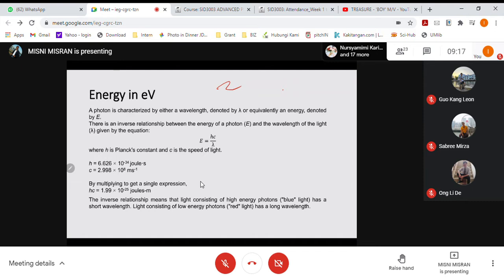Now, typically, this molecule will have delocalization of electrons in the p orbital, right? P orbital. So those double bonds, triple bonds, right? They basically absorb light energy.